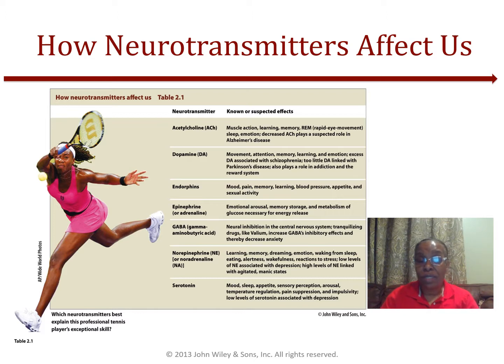Now, endorphins, and many people may know about endorphins, but this revolves around how our mood changes or shifts. Discussion in terms of how we feel pain, again, memory, learning. It helps with our blood pressure, our appetite, as well as sexual arousal.